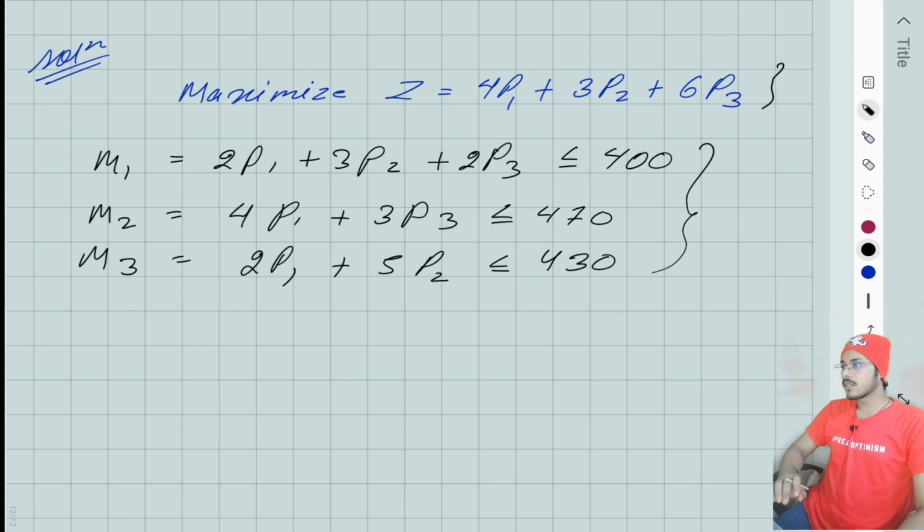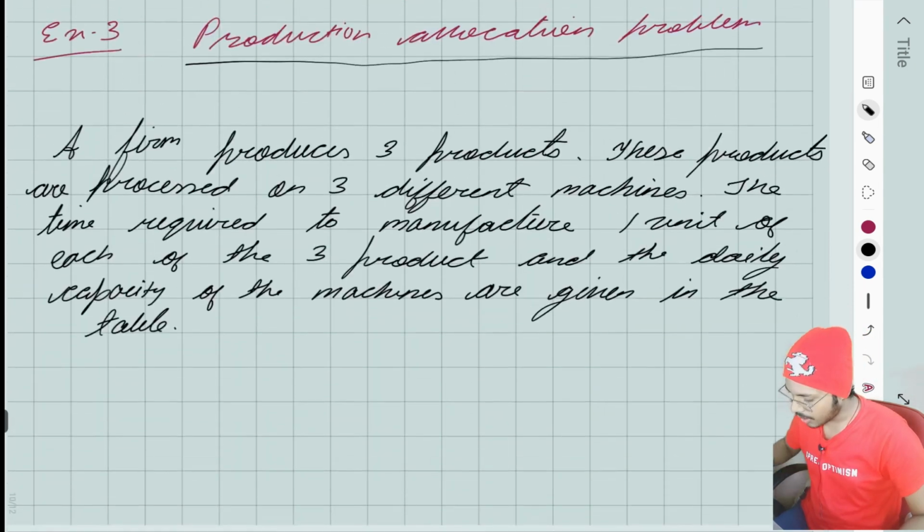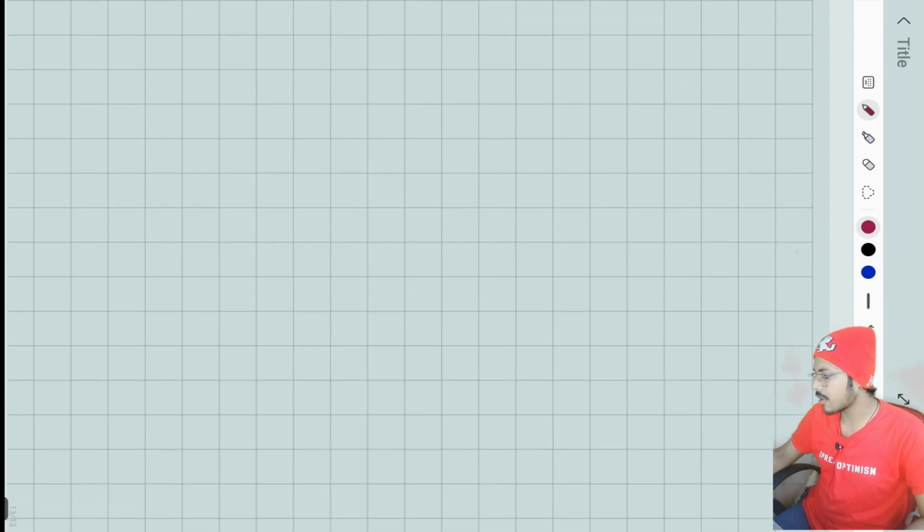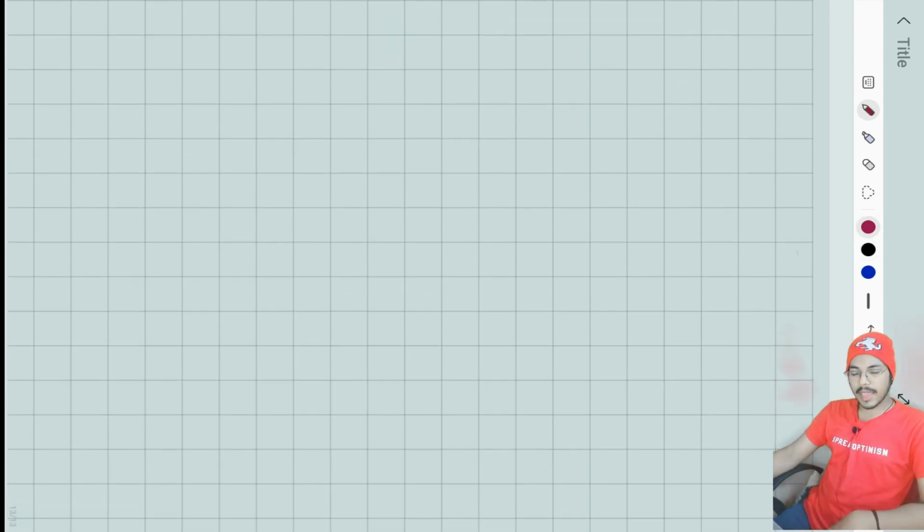So this was example 3. Now we will study example 4. By learning these examples, you will get familiar with the problems we are facing, so that you can formulate your own formulas and solve on your own.